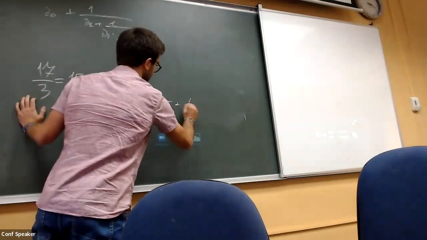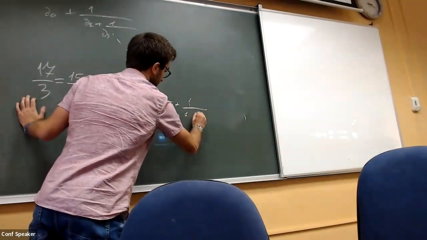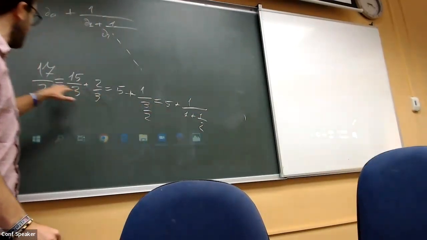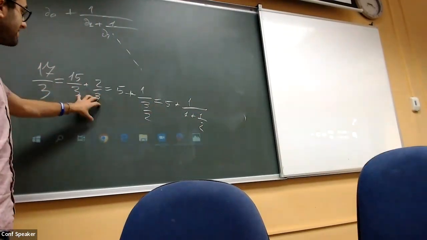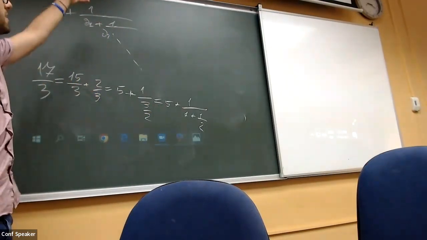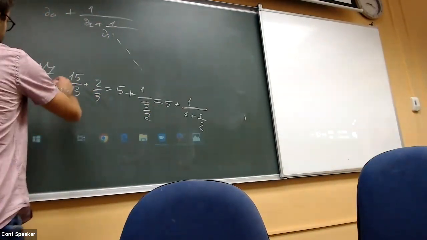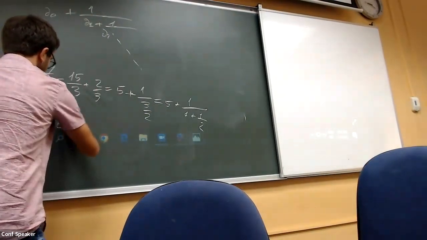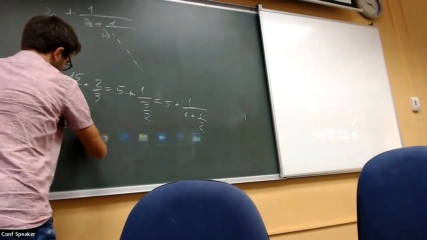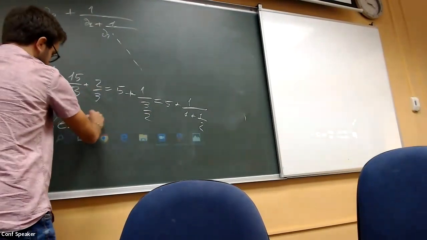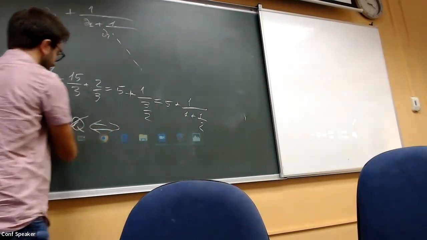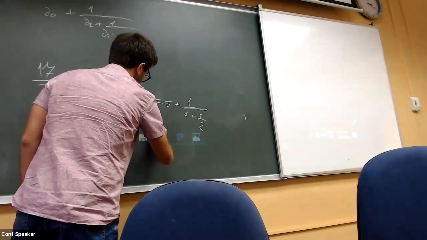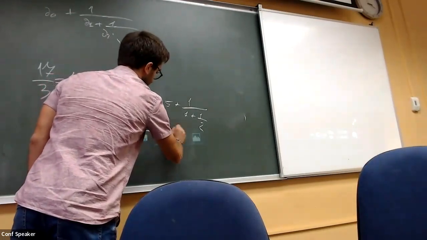So this is how I get the 1 plus 1 over 2. This is how I get the expansion of a rational number. And there is a beautiful theorem by Lagrange that was presented in the last presentation. It can be proved, though it was not proved by Lagrange: alpha is irrational if and only if alpha has an infinite continued fraction.